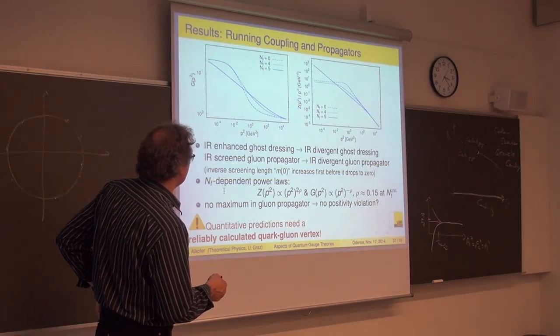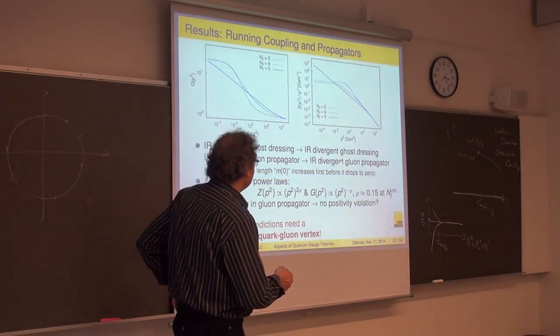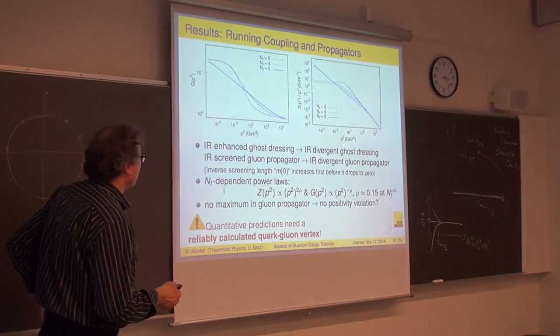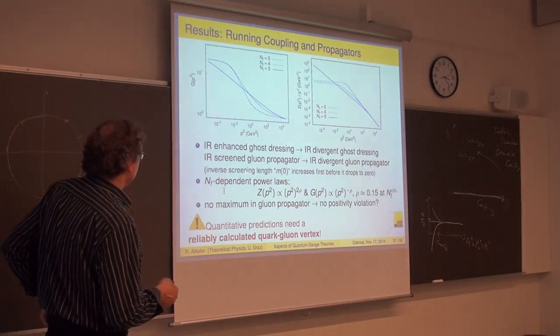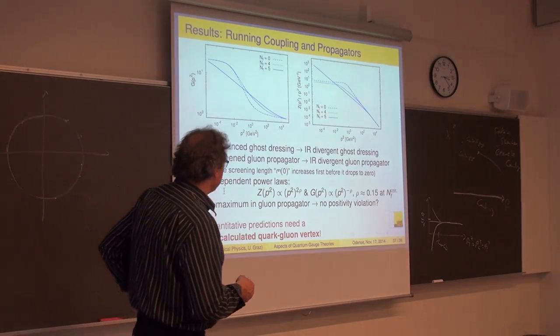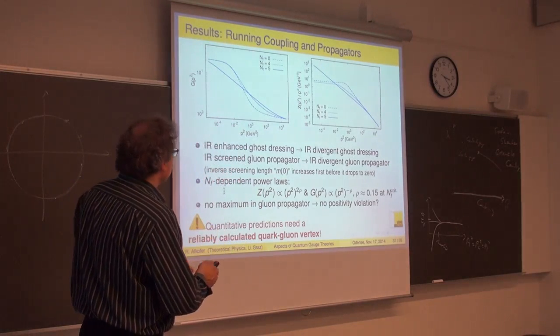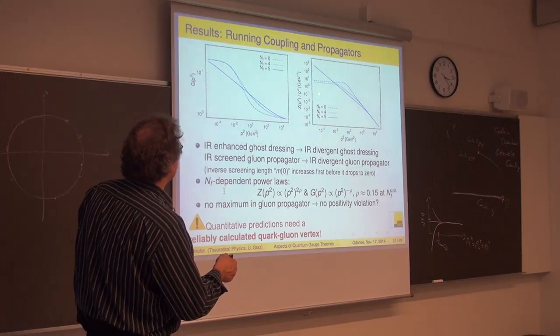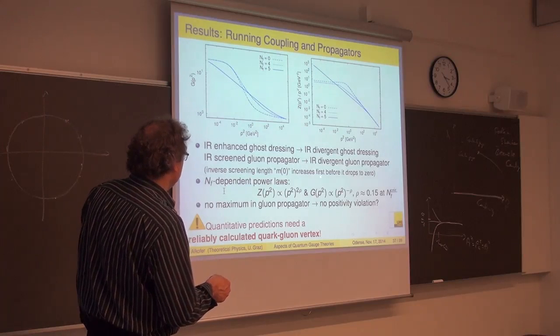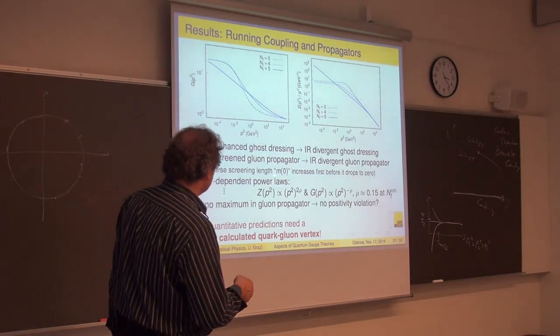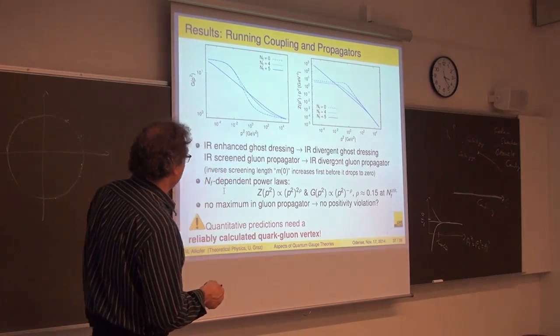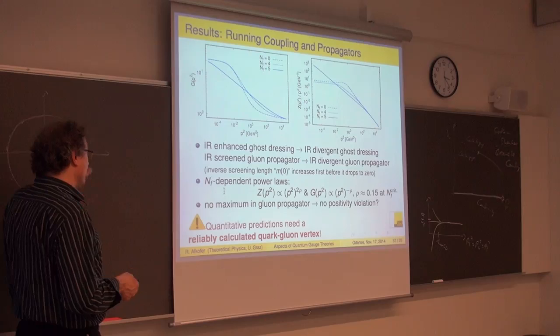The infrared gluon propagator becomes an infrared divergent gluon propagator, and we have to be very careful, because if you would now do an extrapolation, you would conclude exactly the opposite behavior. The screening mass m at 0 goes first up before it drops to 0. So with an extrapolation, we would extrapolate exactly the wrong way.